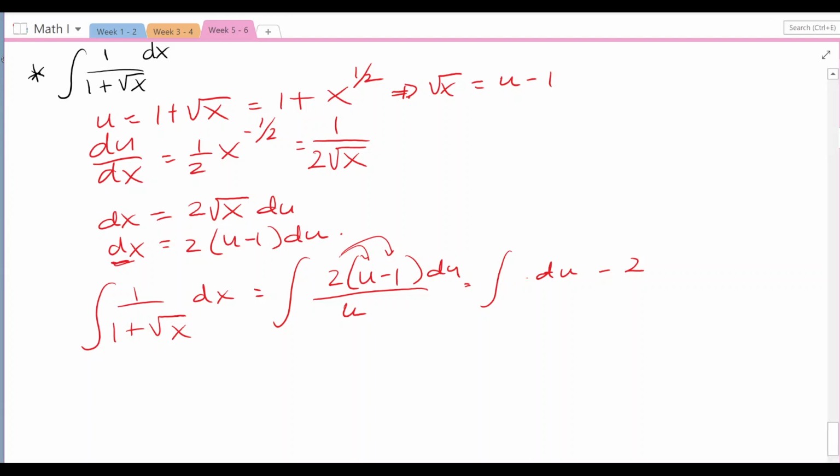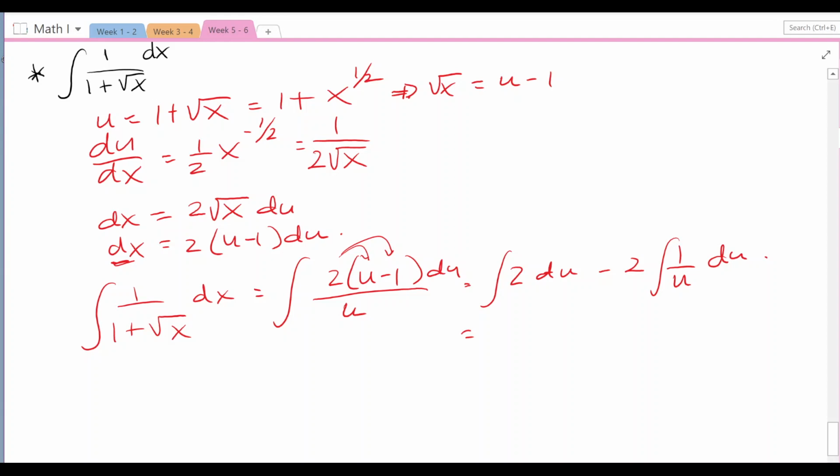This is equivalent to the integral of 2 plus du, because the u and u in the bottom get cancelled. So now we have negative 2 over u, negative 2 integral of 1 over u du, same thing.